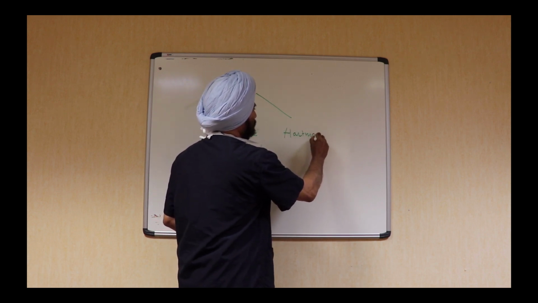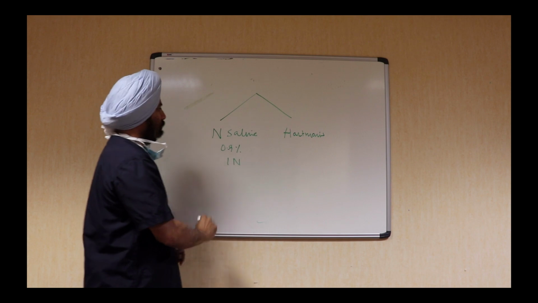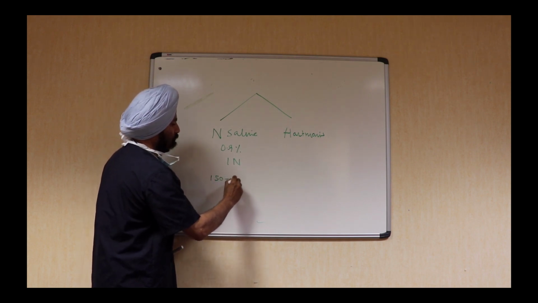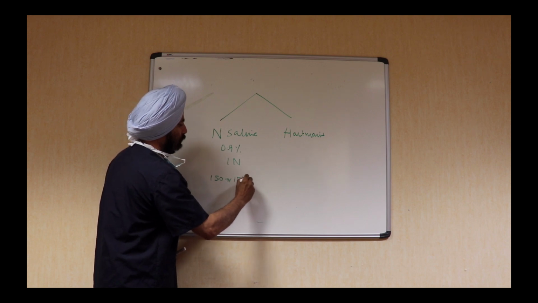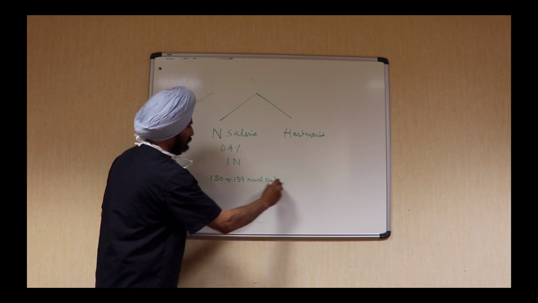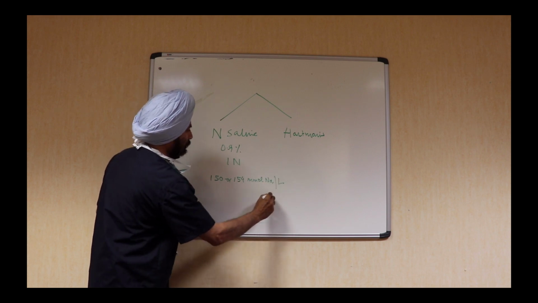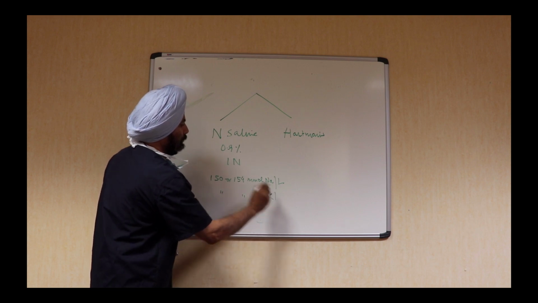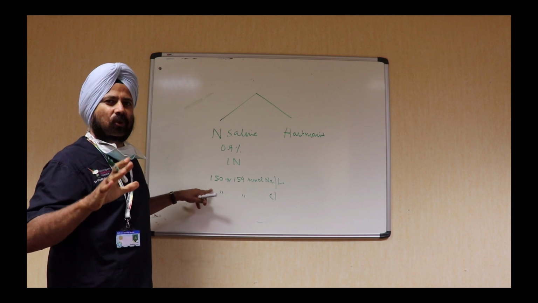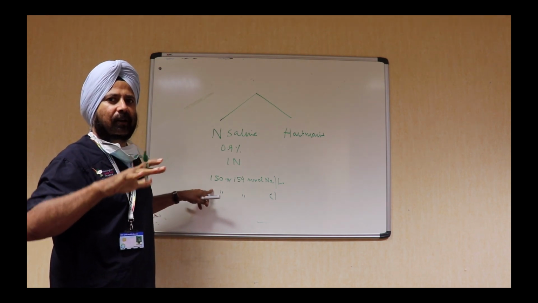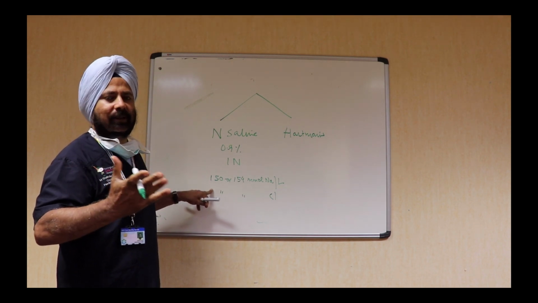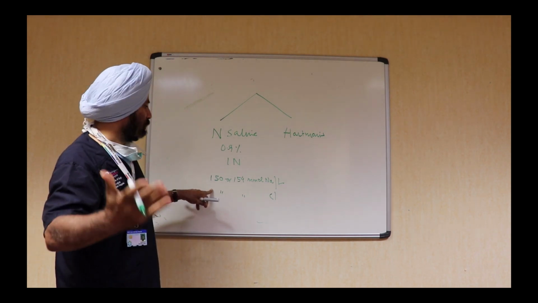So what is the difference between these fluids? Normal saline will have 150, or as per old textbooks 154, millimoles of sodium per liter, and the same is the chloride. So in other words, normal saline has around 10 to 12 millimoles of sodium per liter more than what is there in my plasma, which is roughly 137 to 141 or 142.